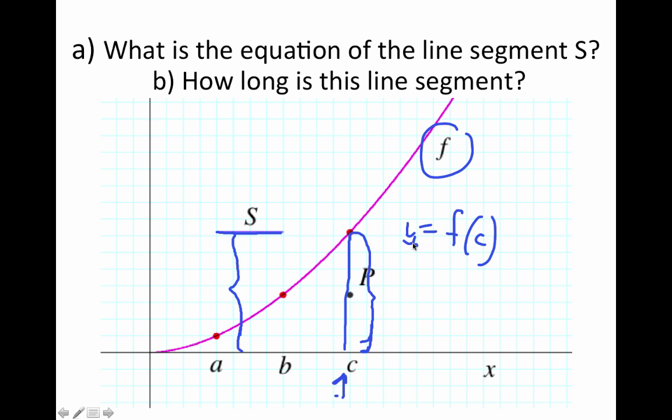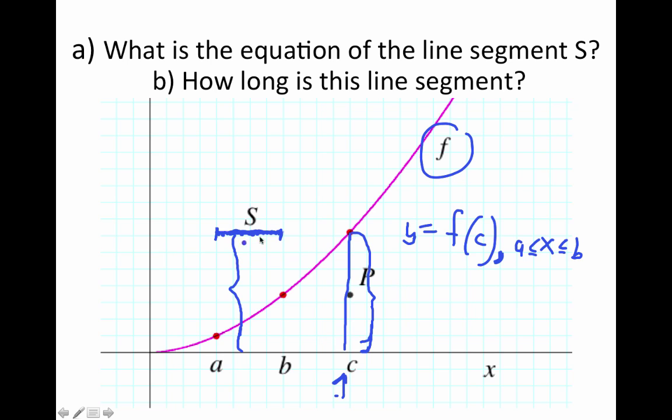All of the y coordinates of all of my points here have the same measure as f of c. Alright, but I don't want it to go forever. I just want it to go from here to here. What am I limiting? Not the y coordinates, I'm limiting the x coordinates. And therefore x has to be larger than a and smaller than b.